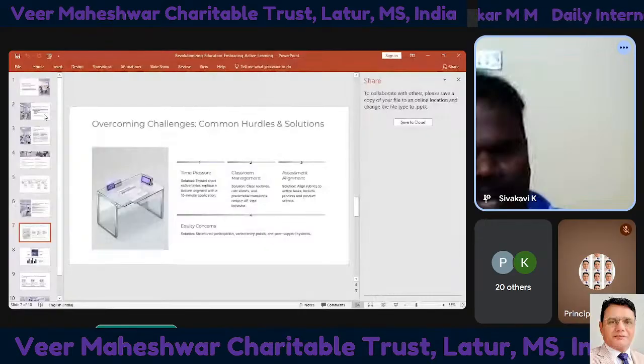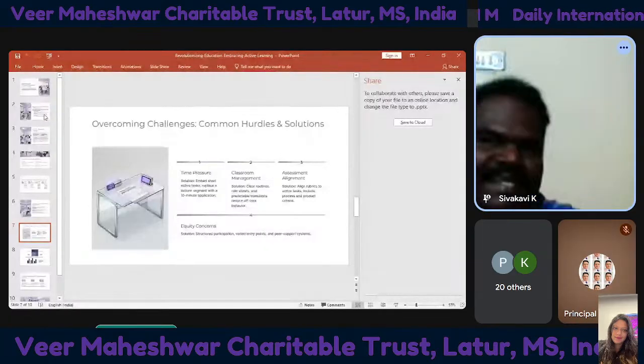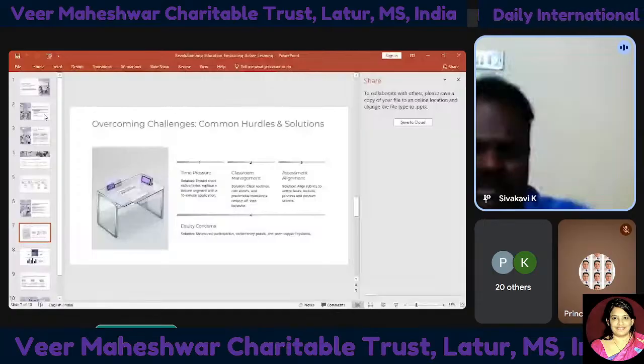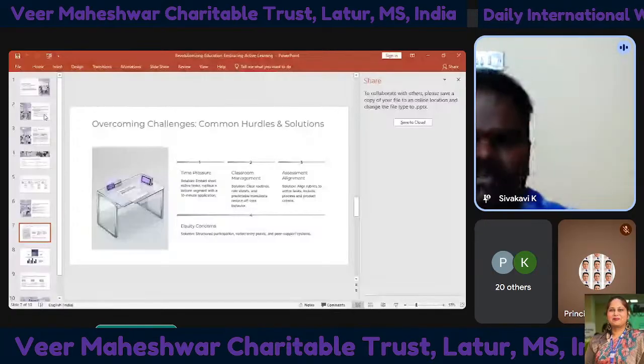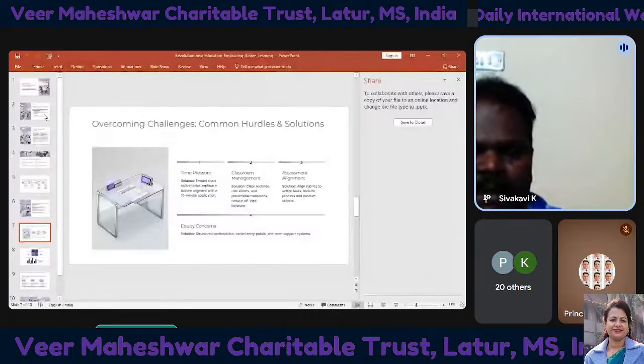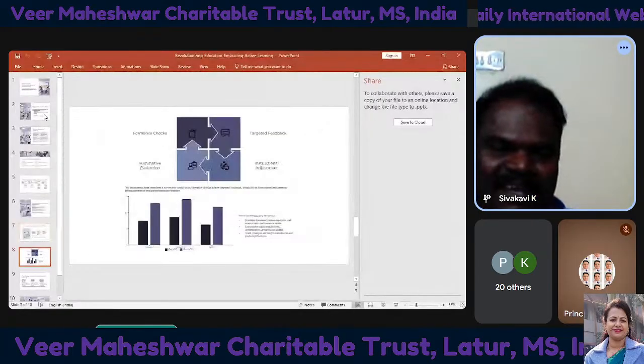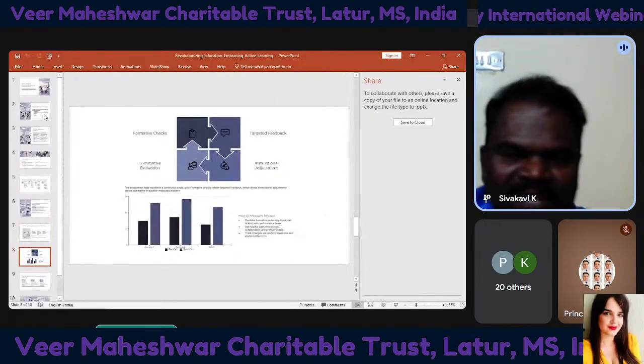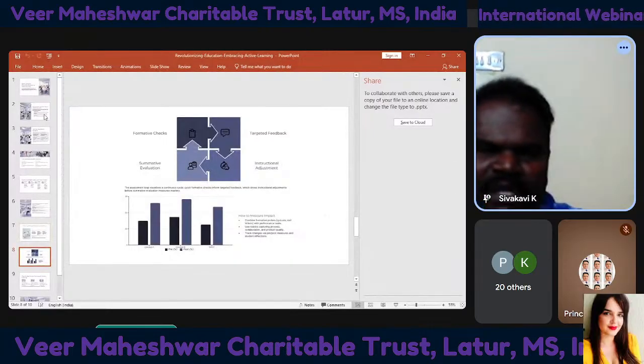Alignment. Process and product criteria. Plus and minus, and we should know how to manage all those things also. But the ultimate aim is students should be benefited. They should be actively learning the subject matter.